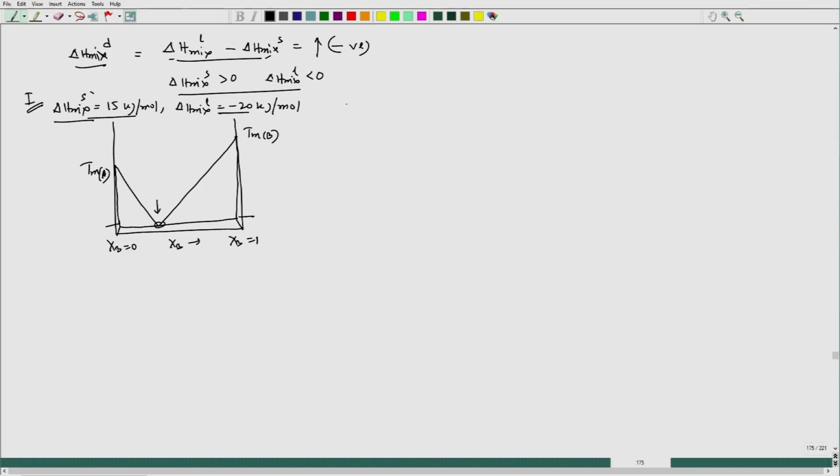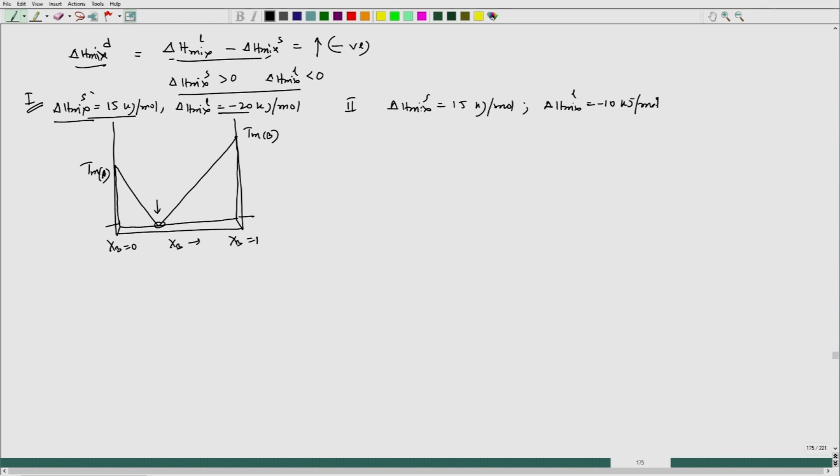Okay. Now, condition 2, let us say del H mix of solid still remains 15 kilojoule per mole, whereas del H mix of liquid, let us say, becomes minus 10 kilojoule per mole.